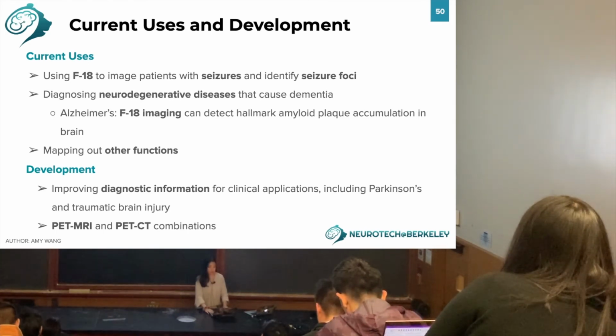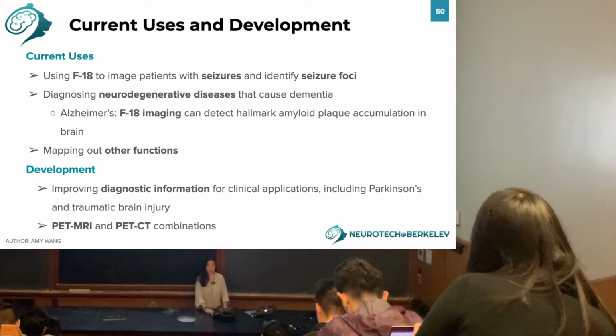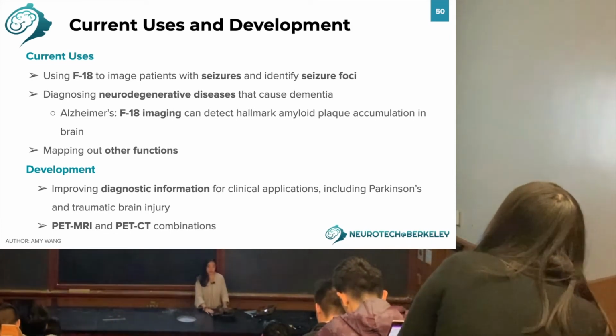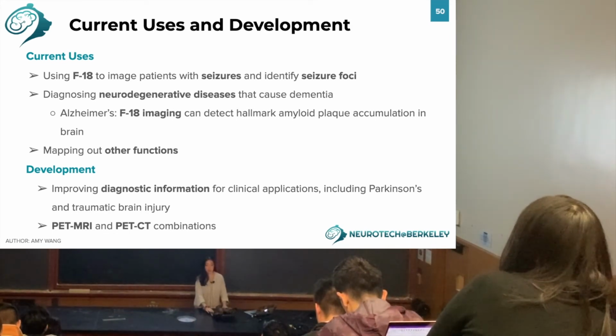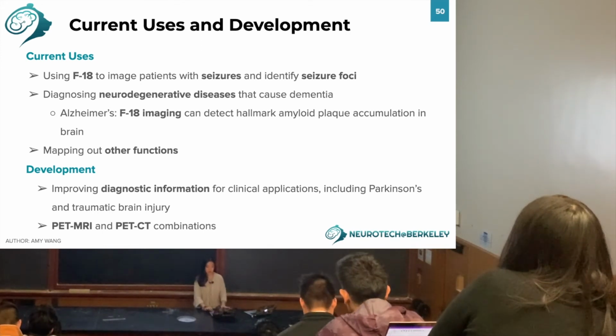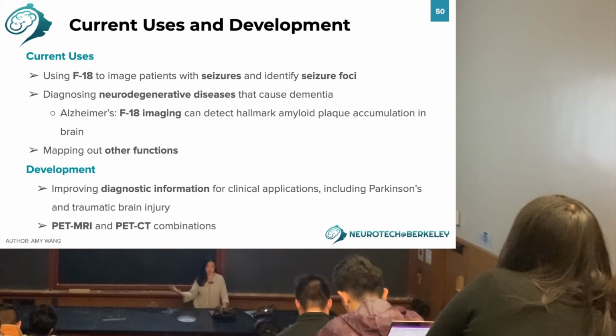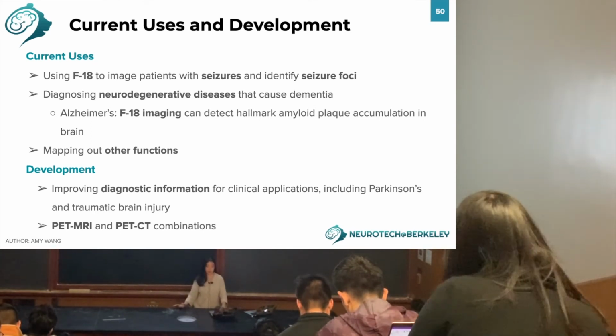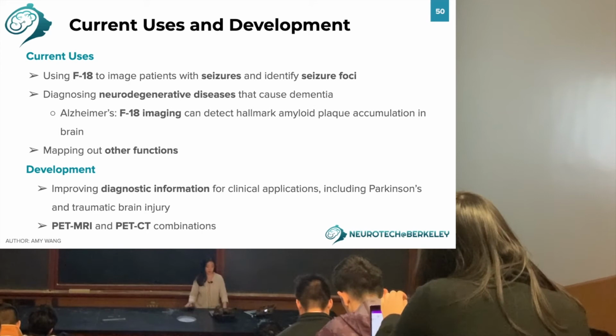So some current uses: F18 is fluorodeoxyglucose. It's one of the tracers that is used to image patients with seizures, and this helps identify seizure foci by measuring glucose metabolism. It can also diagnose neurodegenerative diseases, for example Alzheimer's. You can detect specific plaque accumulation in the brain, and also map out other functions.